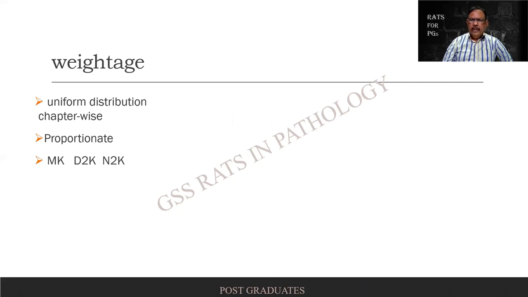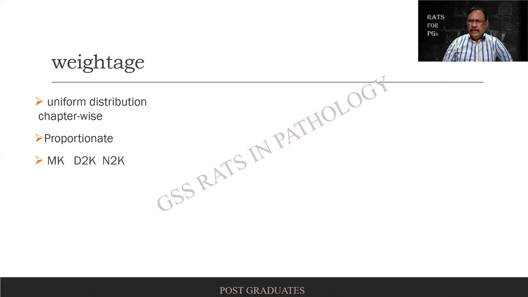Weightage. Do you people know the meaning of the word weightage? It is supposed to be the mark allotment for each section. Generally, a good paper and a good paper setter should have a uniform distribution of marks.